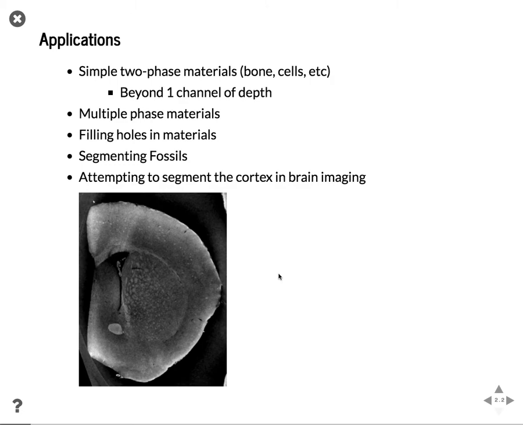So the applications for this are simple two-phase materials, bones, cells, beyond one channel of depth, multiple phase materials, filling holes in materials, segmenting fossils, and attempting to segment the cortex in brain imaging. Those are the examples we'll go through over the course of this and the next lecture to show what these techniques are and how you apply them to different concrete data sets.